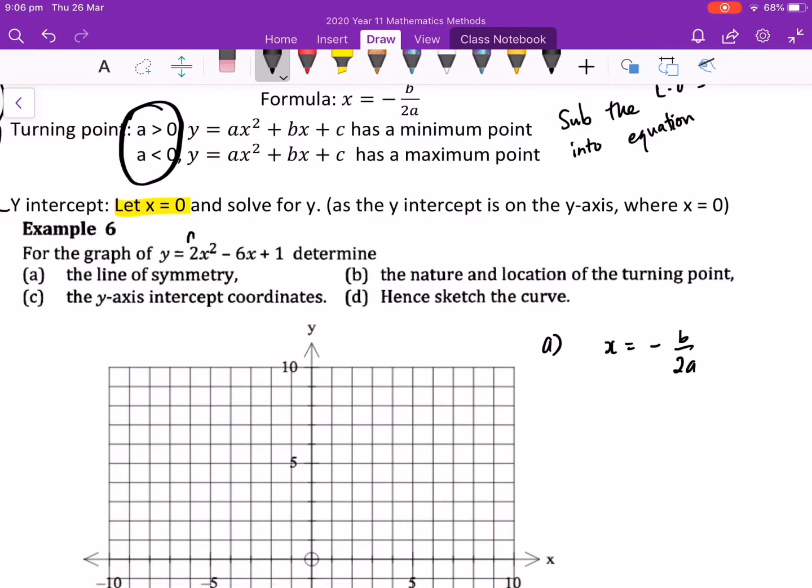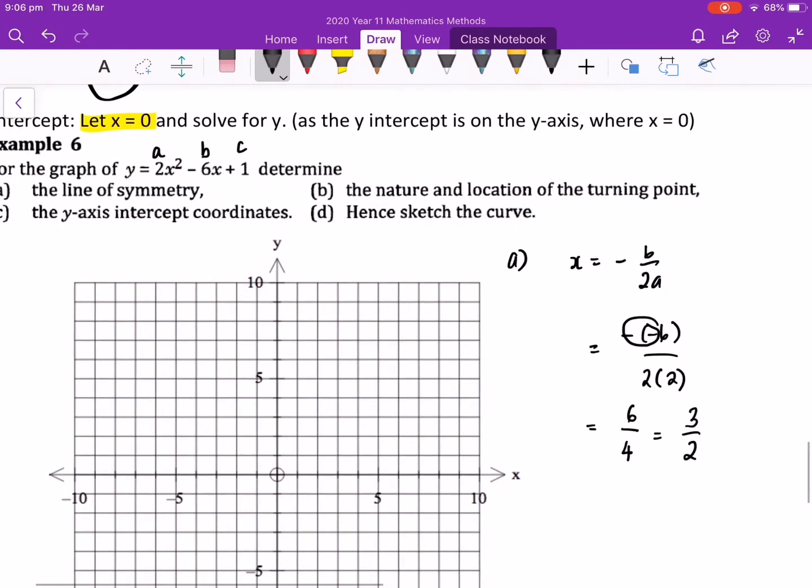So let's have a look here. My a is equal to 2, my b is negative 6, and my c is a positive 1. So I'm going to substitute those numbers in. I'm going to go negative b, my b is negative 6, over 2 times a, which is 2. Two negatives together make a positive, so it's 6 over 4, which is 3 over 2.